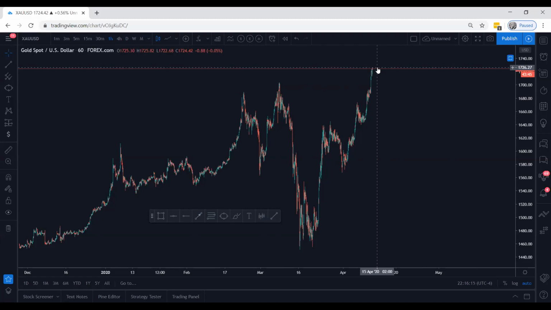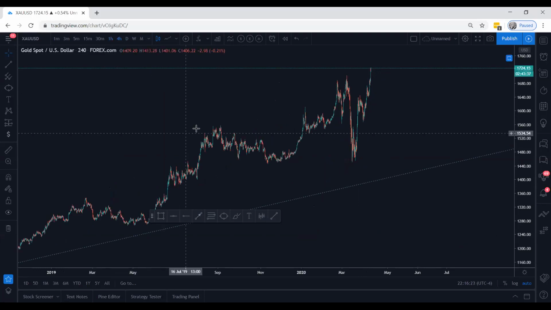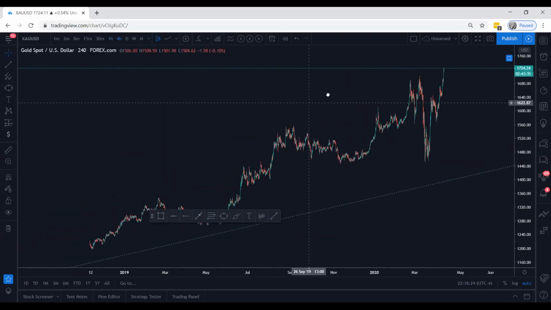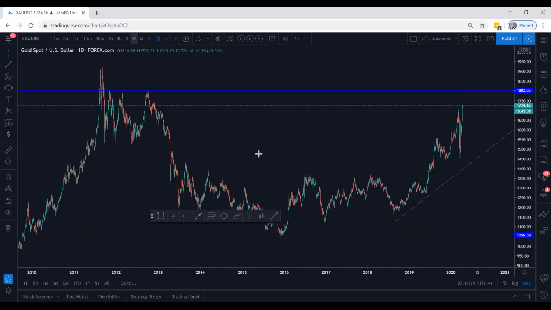You'll get some variations of those on the lower time frames, but it'll ultimately get up to that top. It already busted through that, so the next area of resistance will be pretty much there.